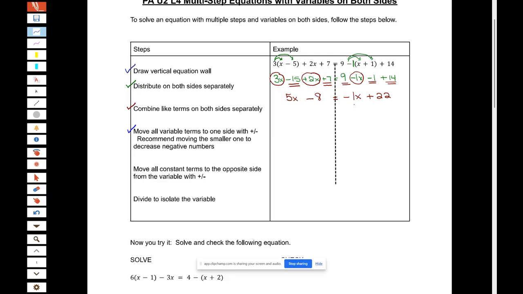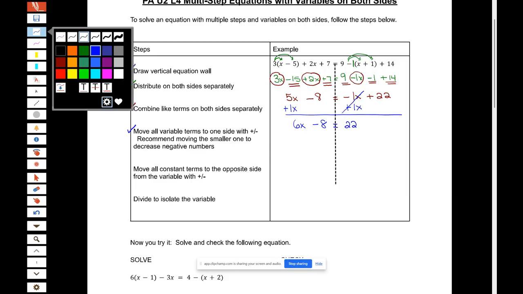So negative 1x is smaller than 5x, so I'm going to move it over to the left side rather than moving the 5x over to the right. So that cancels away to 0. This is 6x, 5x plus 1x, minus 8 equals the 22.